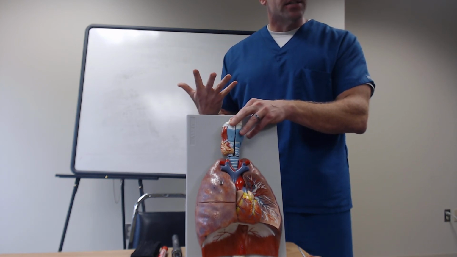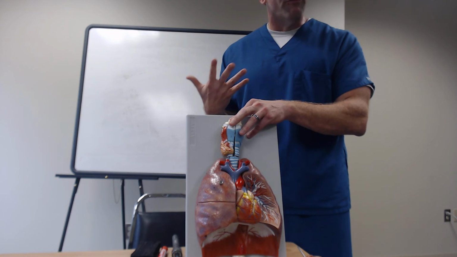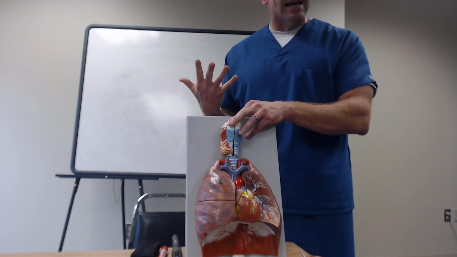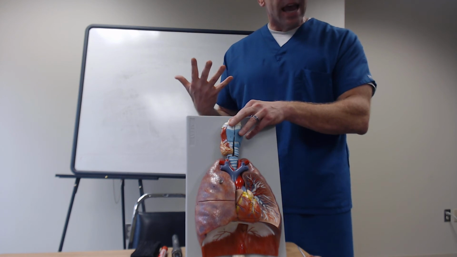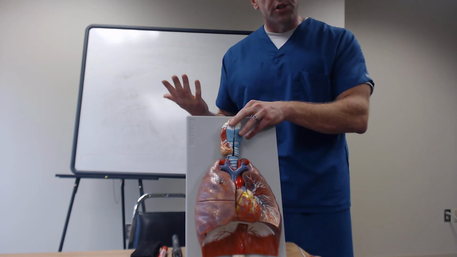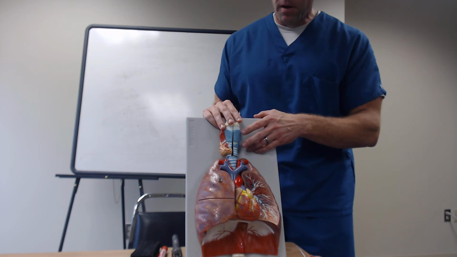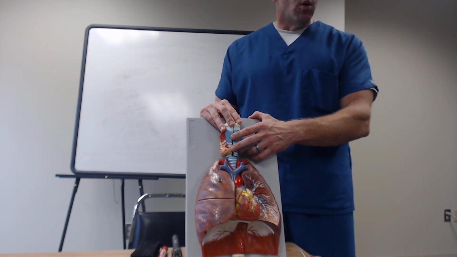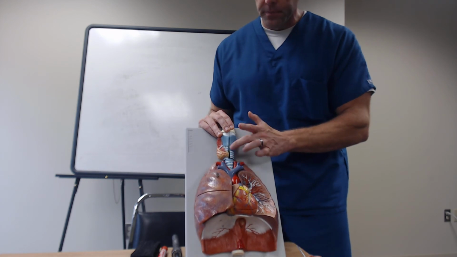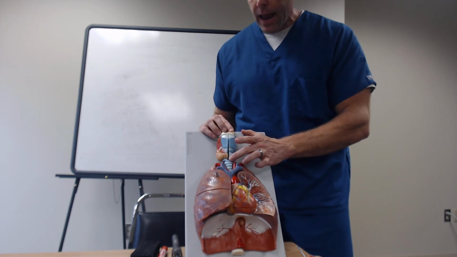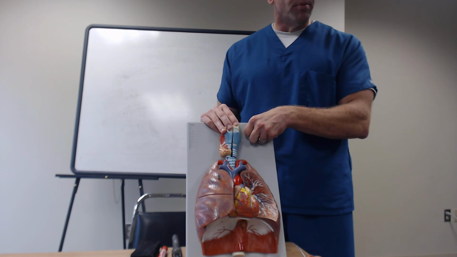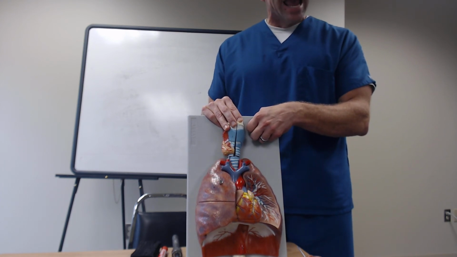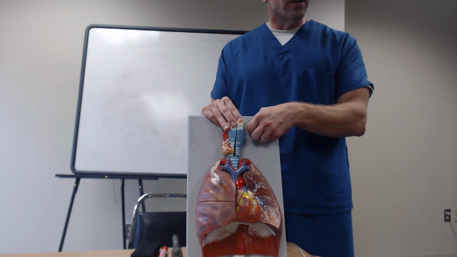This larynx is going to have our vocal folds, or vocal cords as people will call them, and that ultimately allows us to create noise and form the different words that make up our language. From the larynx, we're going to see this tube, now referred to as the trachea, and the trachea is going to branch into the right bronchus, going into the right lung, and the left bronchus going into the left lung.